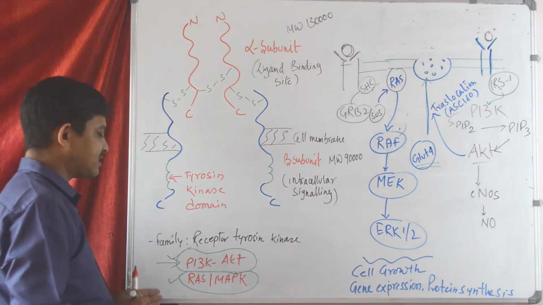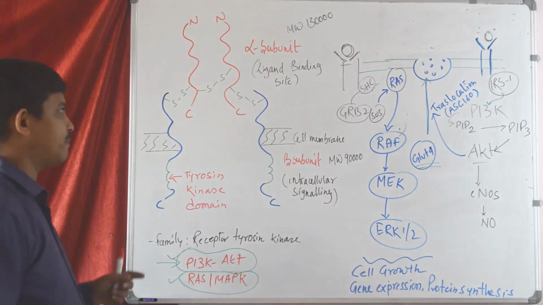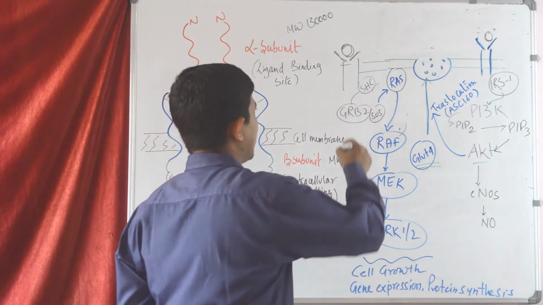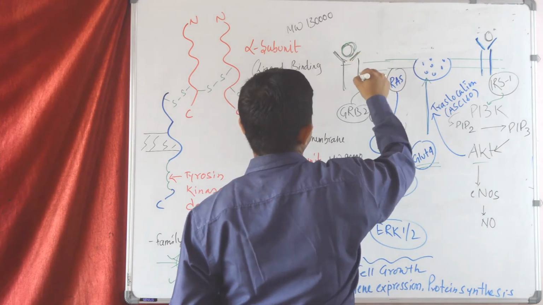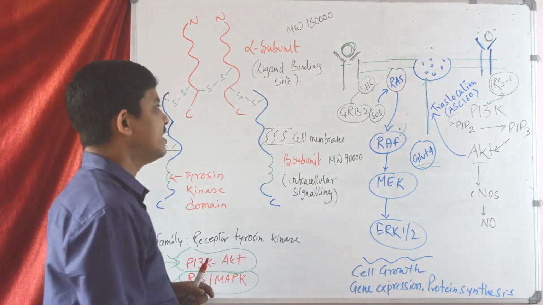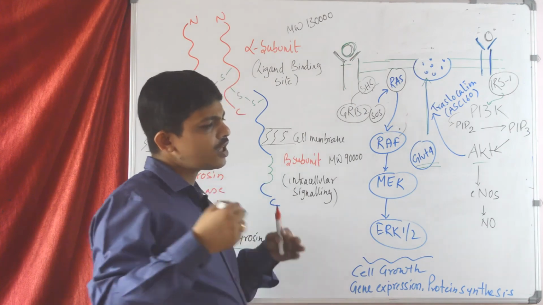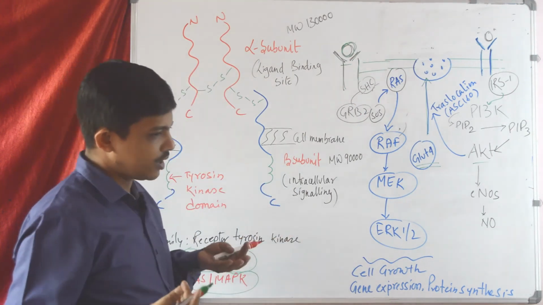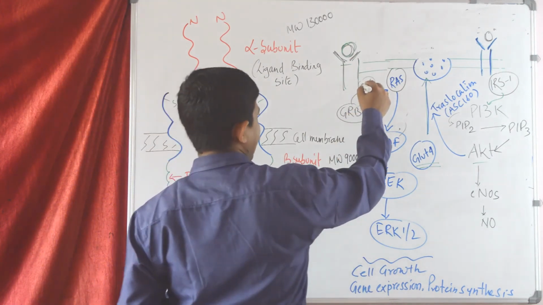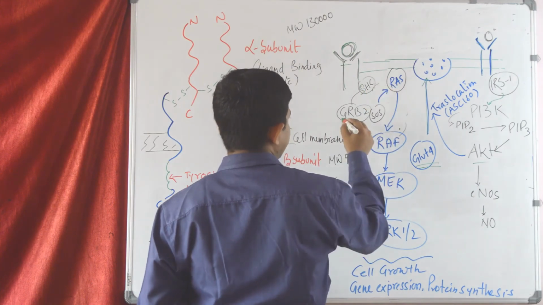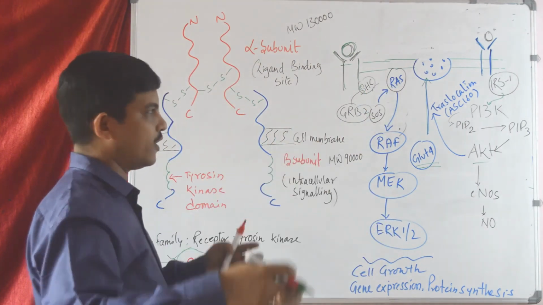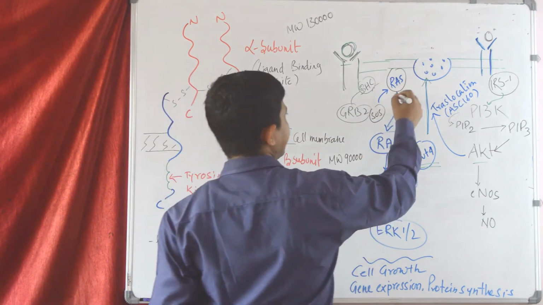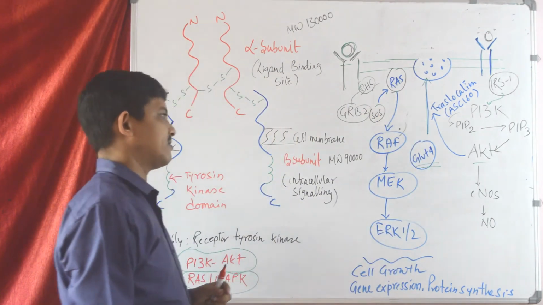Another pathway is the RAS and MAPK pathway. Whenever insulin binds to the insulin receptor, different proteins like SHC, GRB2 and SOS will be activated sequentially, and then there is activation of RAS.